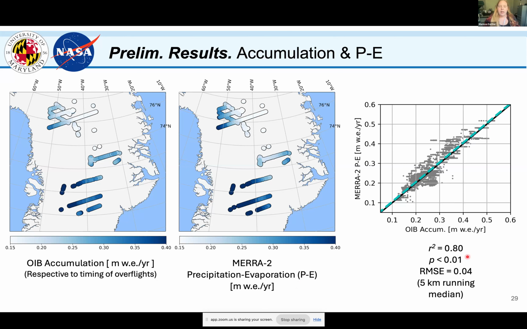The R squared is 0.8, so it likely means that our new snow accumulation calculations are pretty robust, but it also means that MERRA-2 P-E also might be a good approximation for accumulation in this situation. So both kind of interesting things.